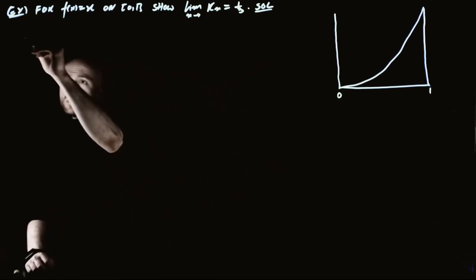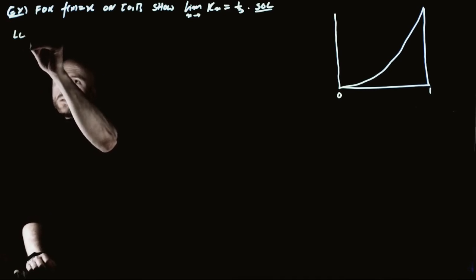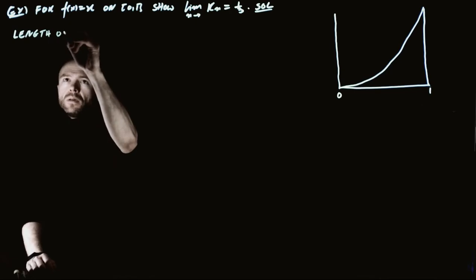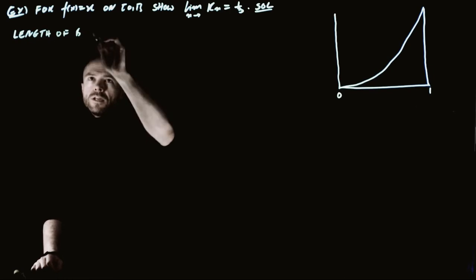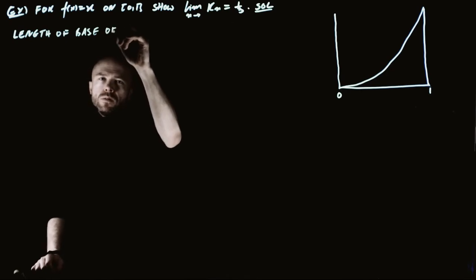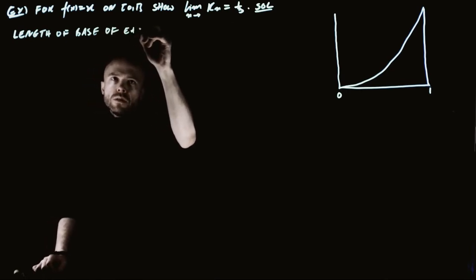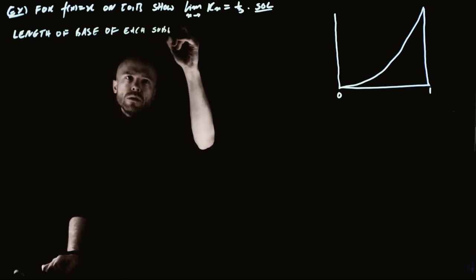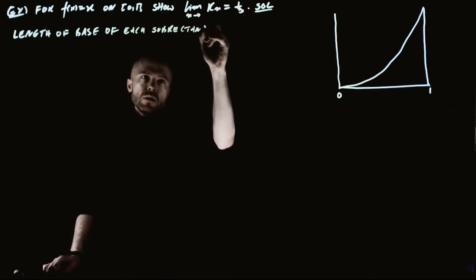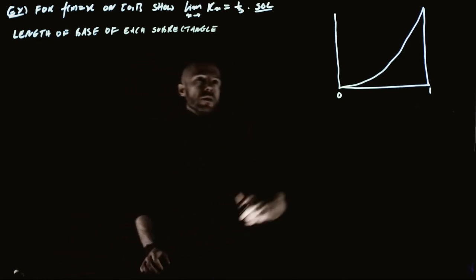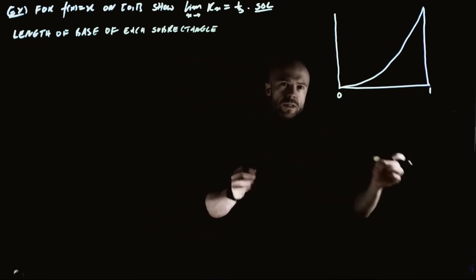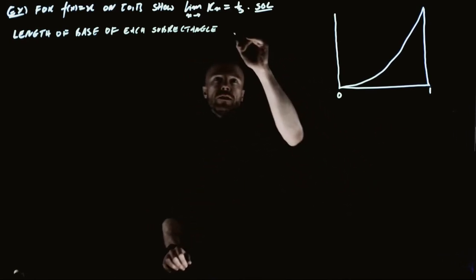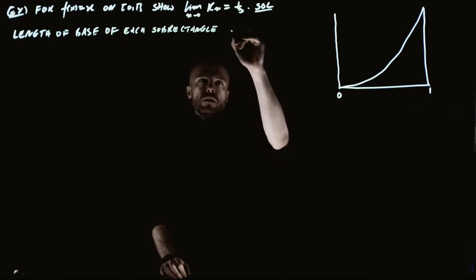So the length of the base of each subrectangle, well, since there are n of them, and they are all equal length, and the sum of all of these lengths is equal to 1, then it has to be that each one has length 1 over n.